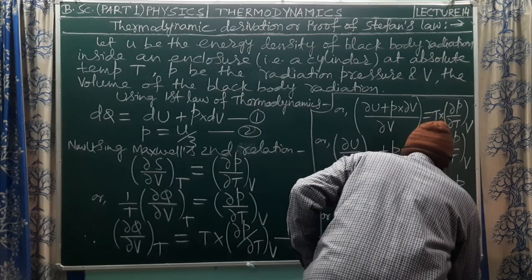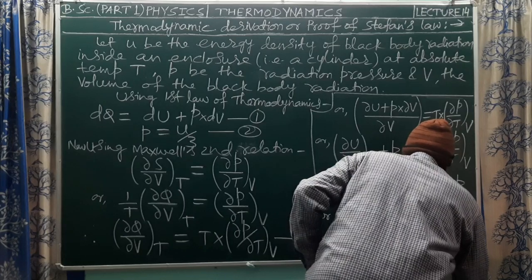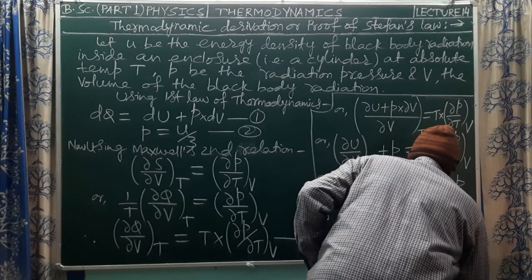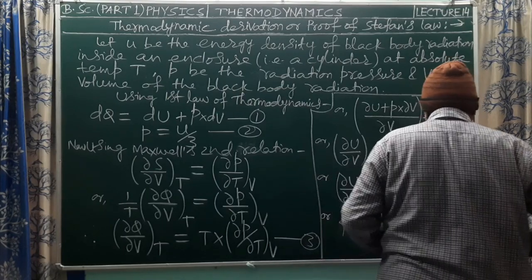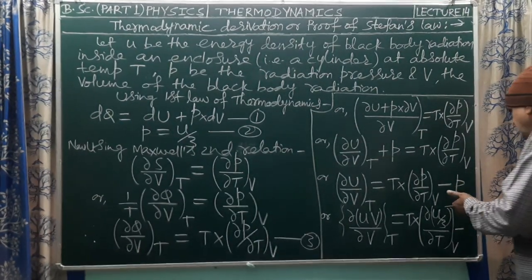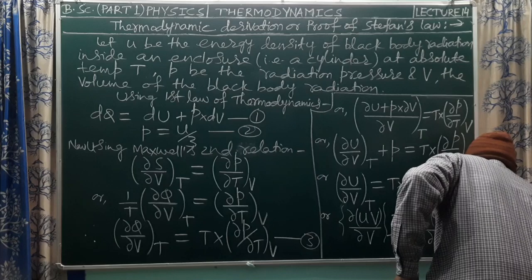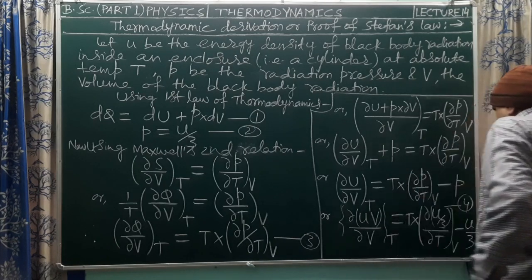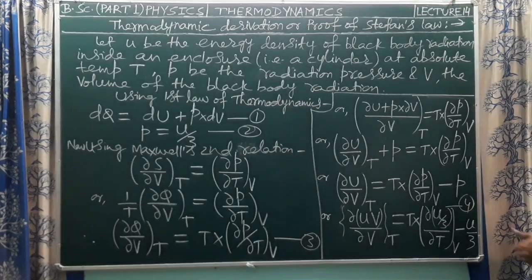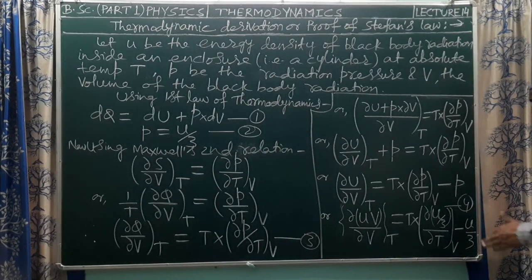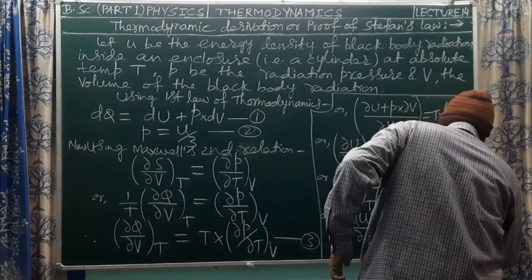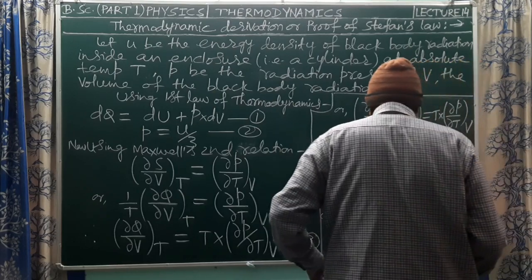So it is del U upon 3 upon del T at constant volume V, minus the second term, a small p, that is also the pressure of diffuse radiation, which is a small u, energy density, upon 3. Since a small p is equal to a small u by 3, one third of the energy density of radiation, equation 4 is now replaced by this relation.